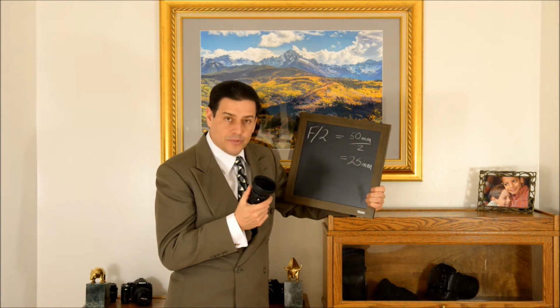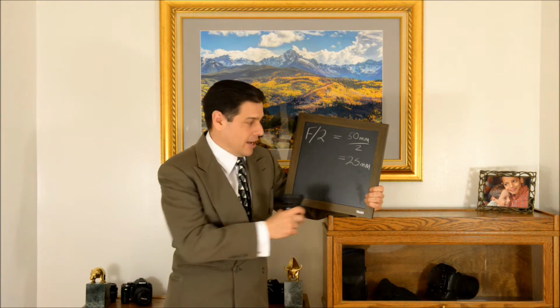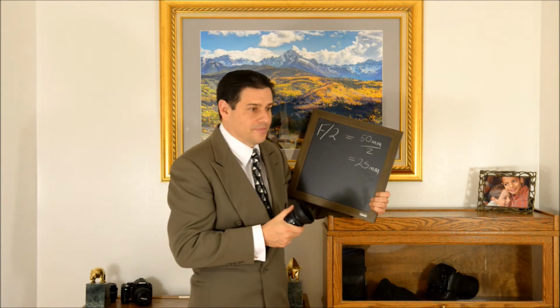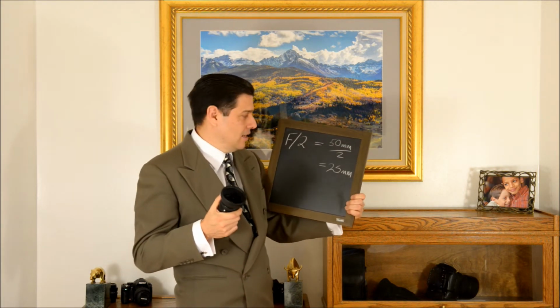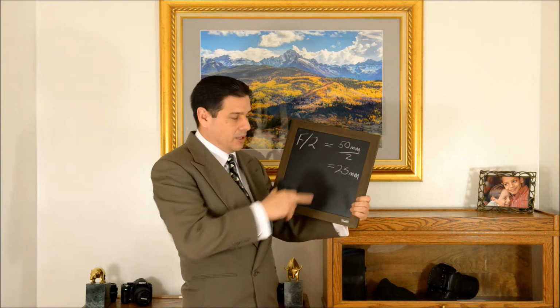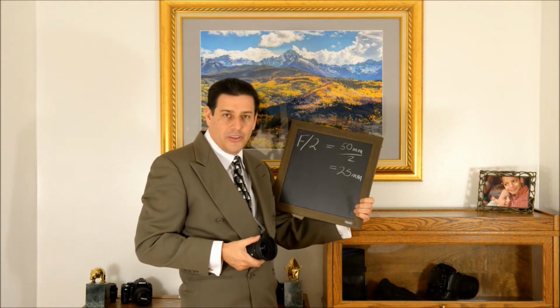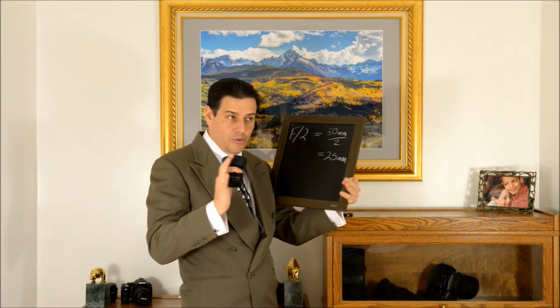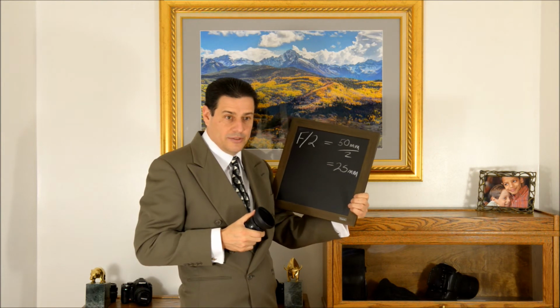So f2 is an aperture with a diameter of 25mm on this lens. f1.4 is 50 millimeters divided by 1.4, which I think is somewhere around 36 millimeters, an aperture with a diameter of 36 millimeters.